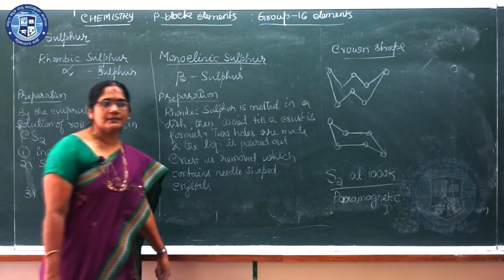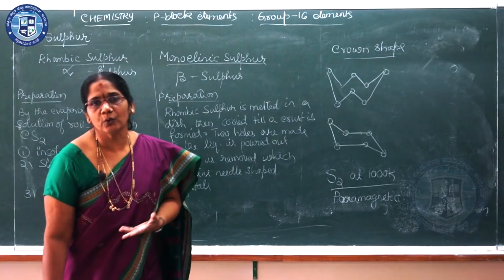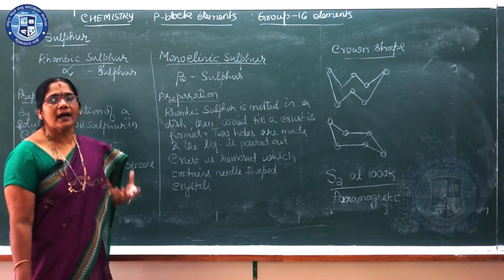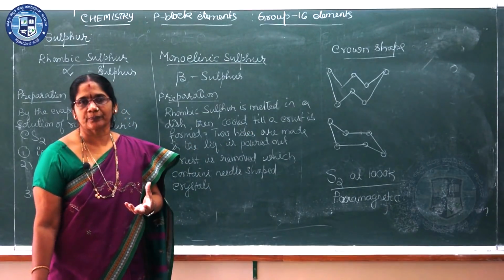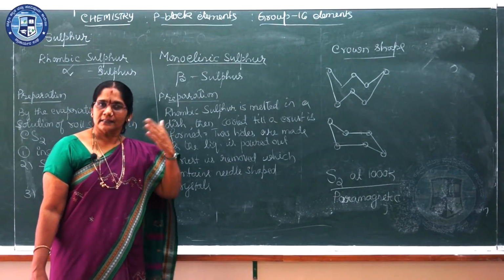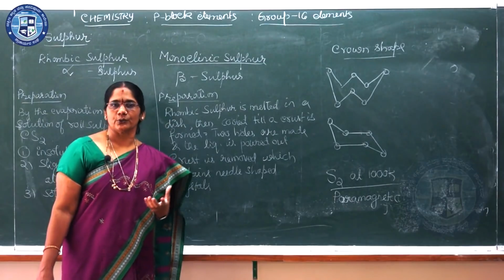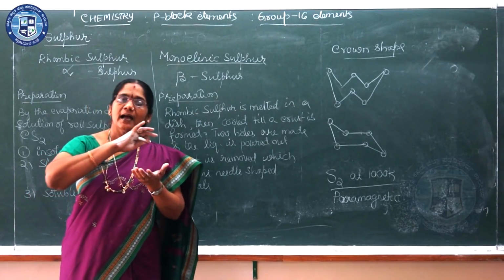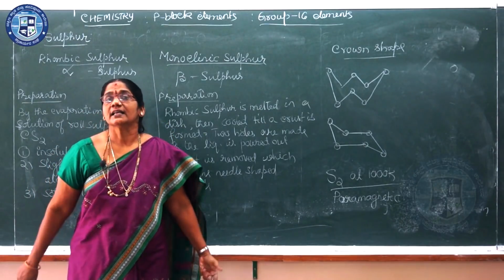Then the second form is called beta sulfur, monoclinic sulfur. How do we prepare monoclinic sulfur? First we have to melt the rhombic sulfur in a dish and heat it. After heating, it is slowly kept for cooling. On cooling the hot solution, a crust forms on the surface, a solution in a solid state.